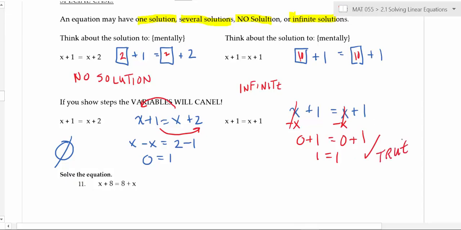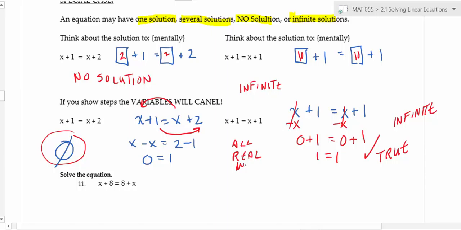So if it's a true statement, that means that you're going to get infinite solutions to the problem. Everything's going to work. So what we would say on this first problem right here is there's no solution. The second one, we usually say the answer is all real numbers. So every real number satisfies this equation.